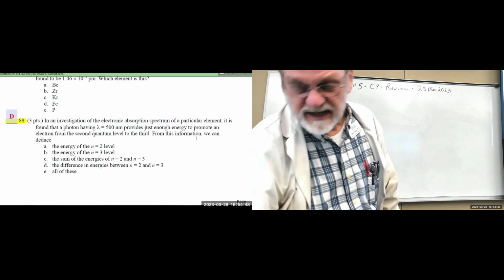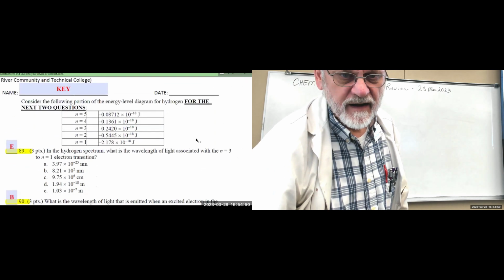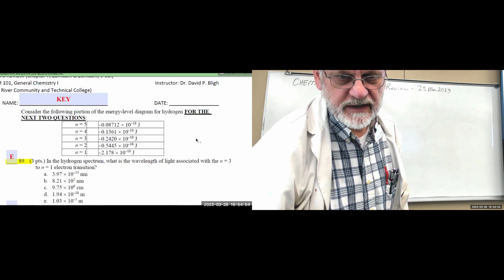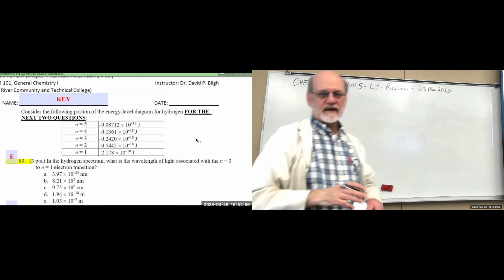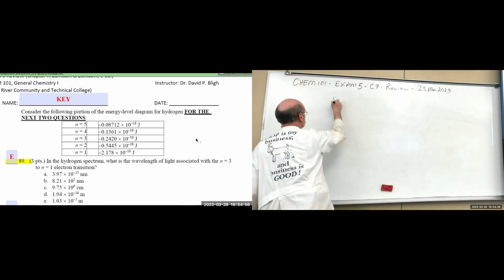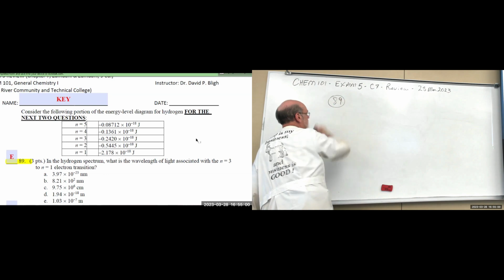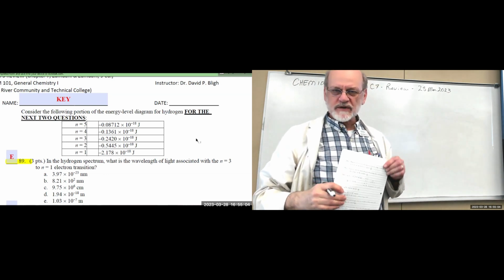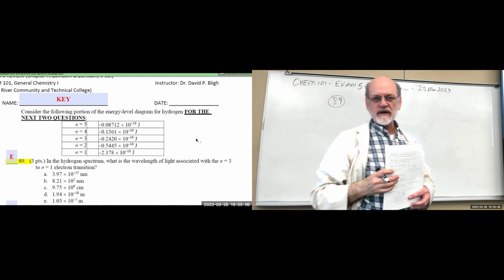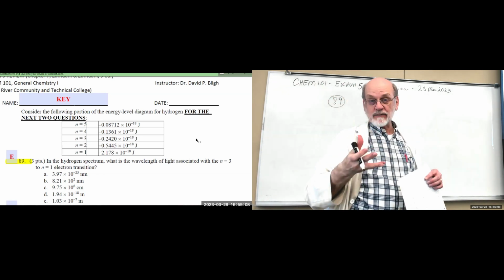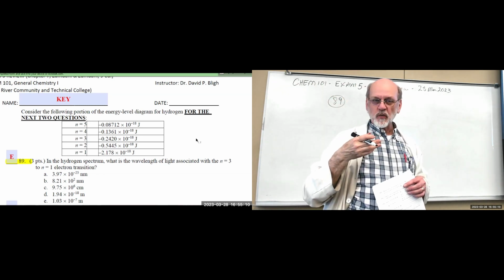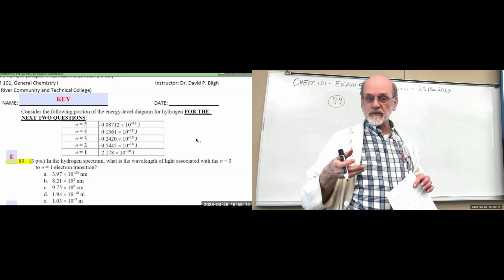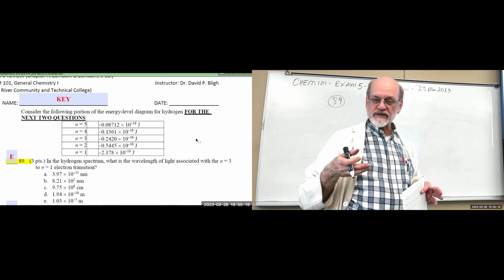All right. Let's see. We need that table up there. So let's do it like this. 89. In the hydrogen spectrum, what is the wavelength of light associated with, using that table, the N3 to N1 electron transition.